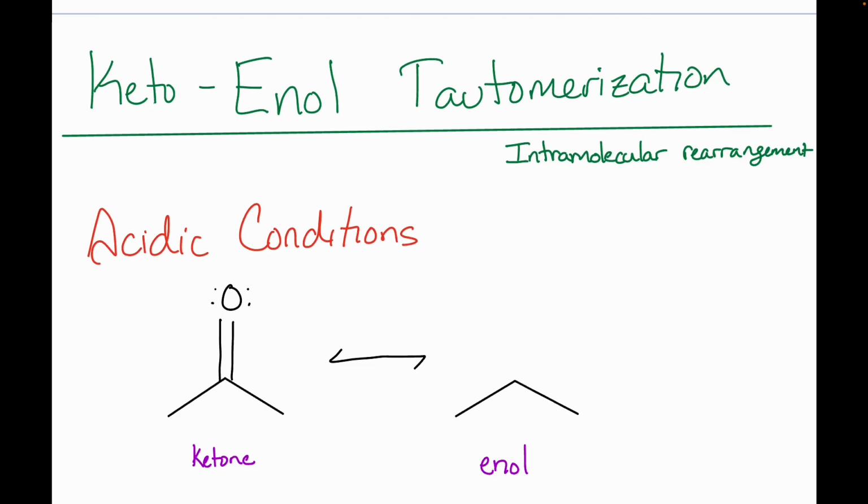If we pick this name apart real quick, enol, what do we think the en means? A double bond, specifically a carbon-carbon double bond, like in an alkene, right? And what about the ol? Alcohol. And so this is an enol, with an alcohol group located next to a carbon-carbon double bond.